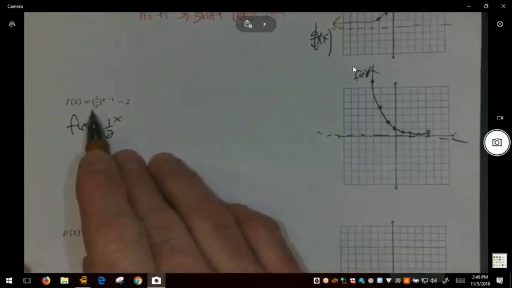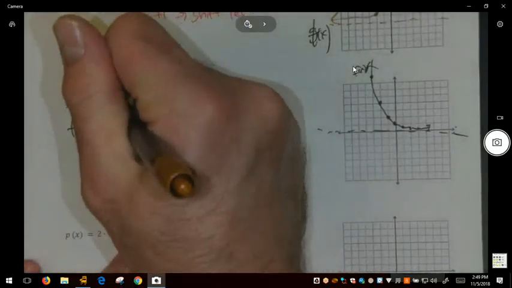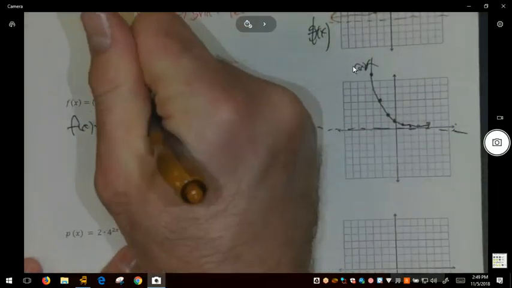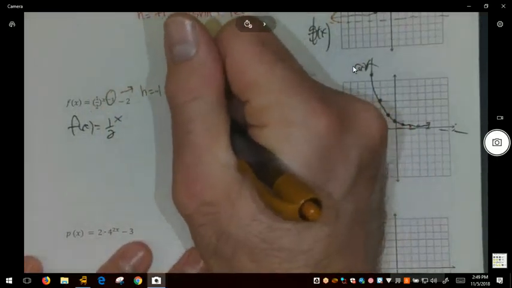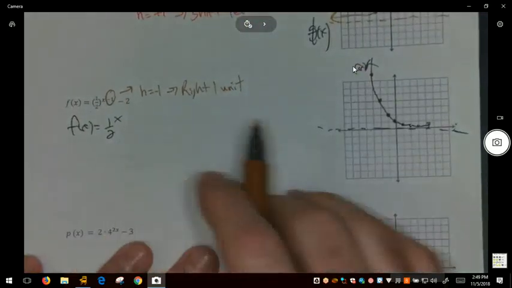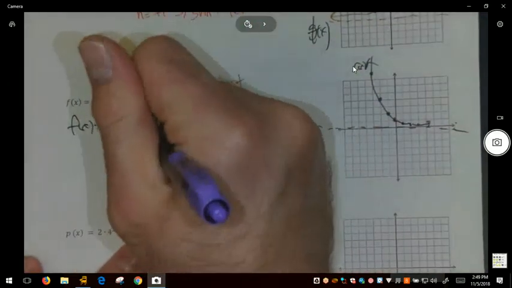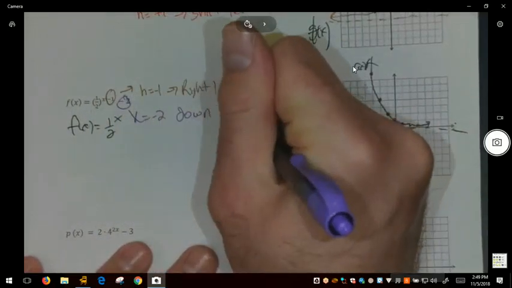But this function, the new function, we have a -1 in the exponent. Since h is -1, this means that it is a shift of right 1 unit. And since k is -2, that's a shift down 2 units.